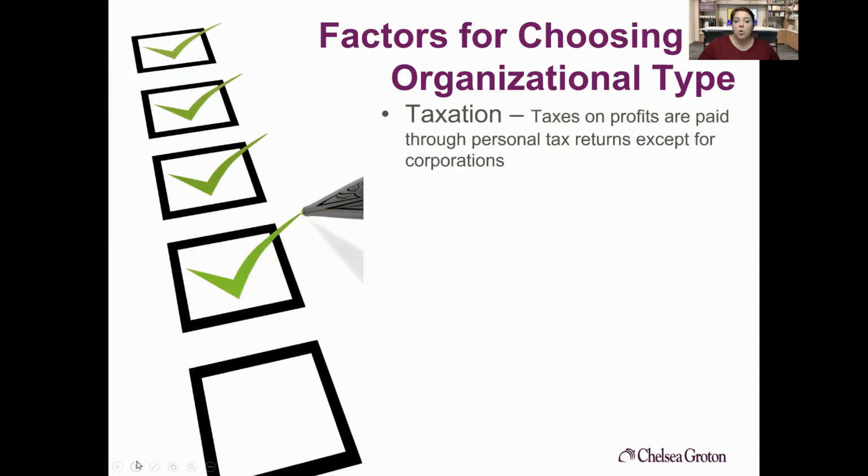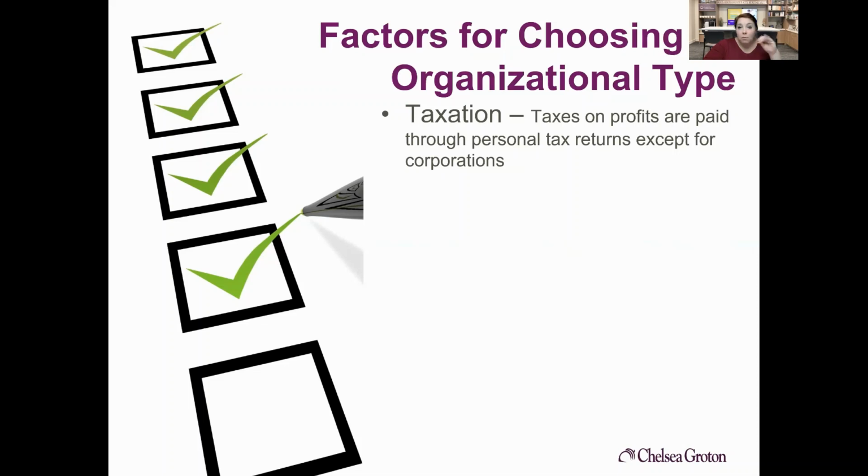So what are you thinking about as you're choosing? What is going to help you choose the right thing? Taxation is the first thing that you should be thinking about. Taxes on profits are paid through the personal tax returns, except for corporations. A legal structure determines how your business is set up to be taxed.